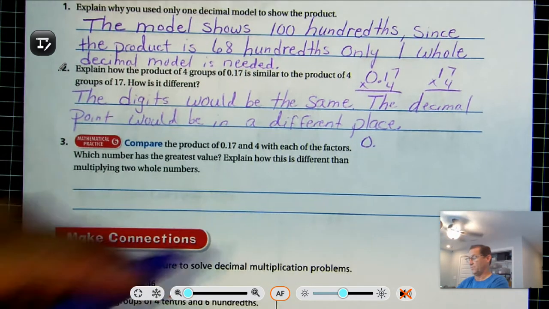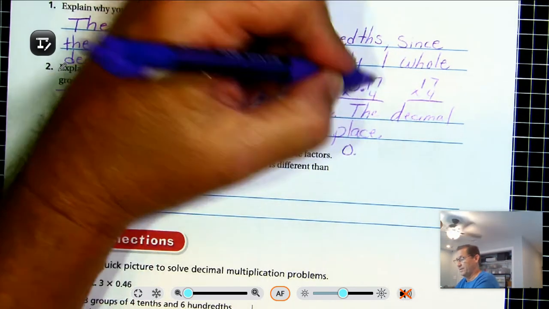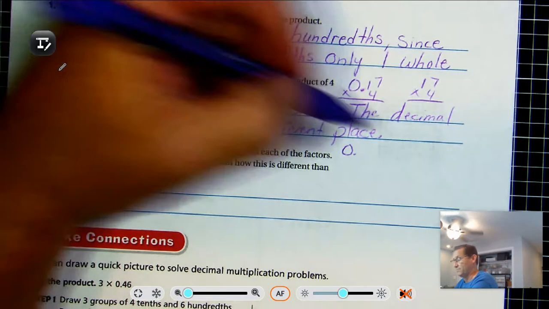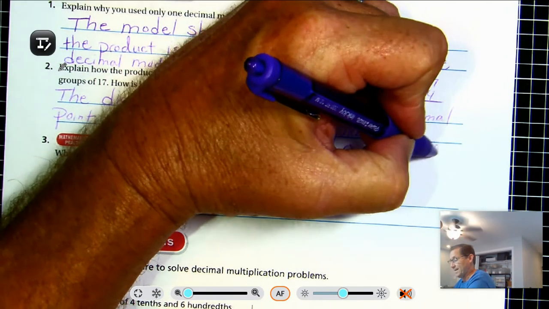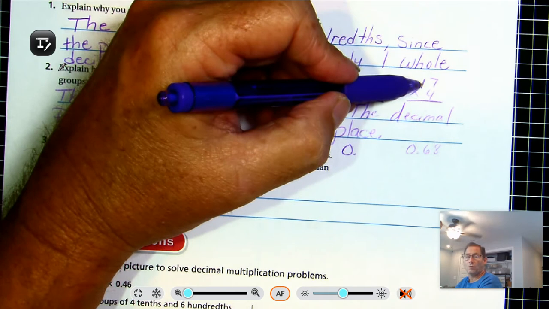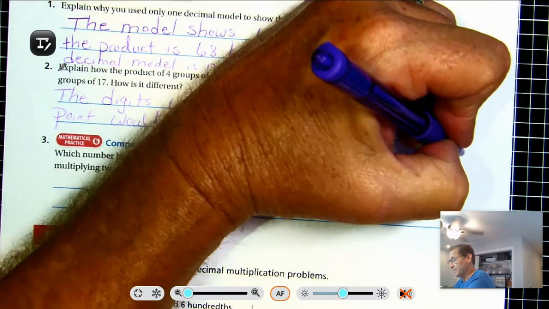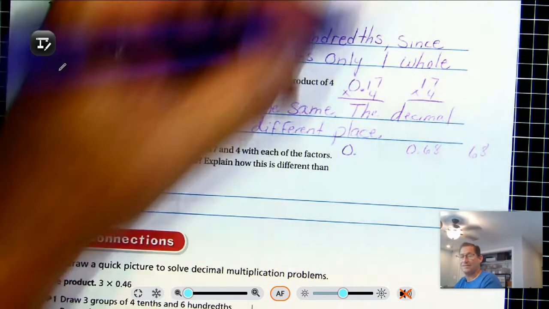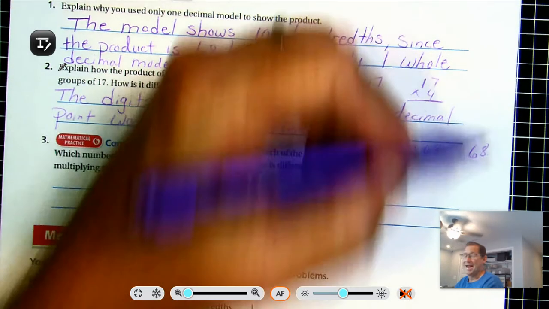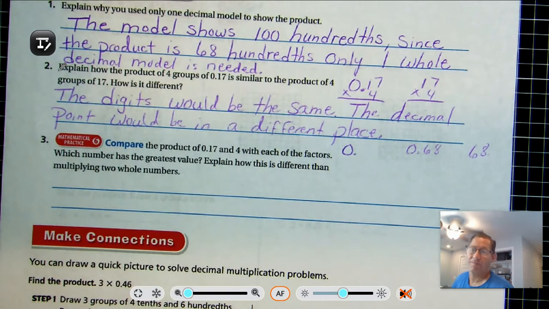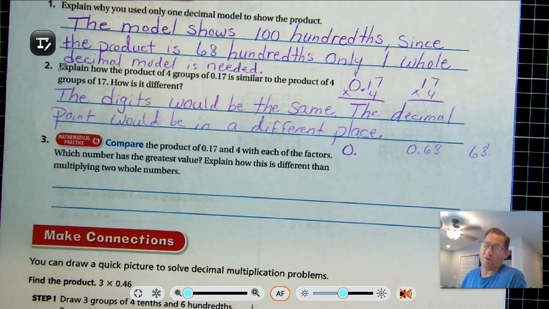Okay. So, for instance, in the one that you're multiplying the decimal, it'd be 0.68. Four wholes times 17 wholes is 68. So remember that the decimal will be before the 6. Okay. So the decimal point is the only real difference.